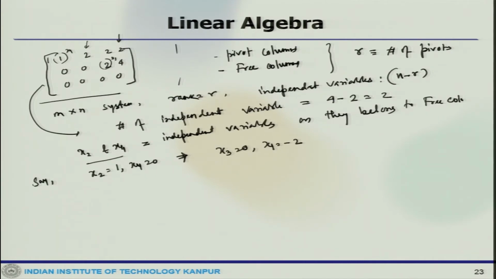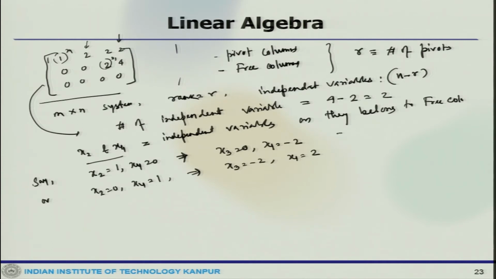Similarly, we can have x2 equals 0 and x4 equals 1, then that will give us x3 equals minus 2 and x1 equals 2.